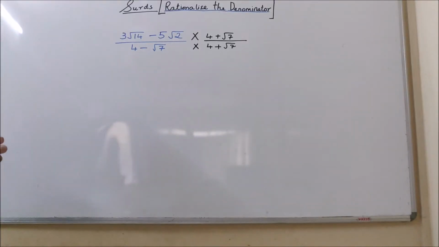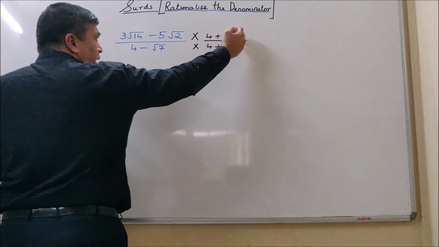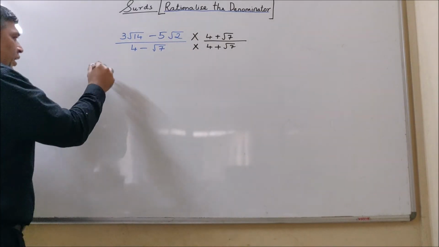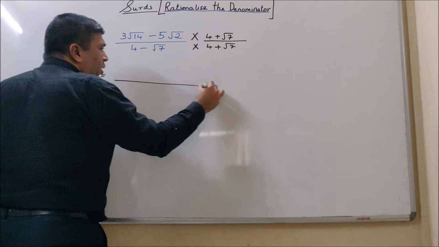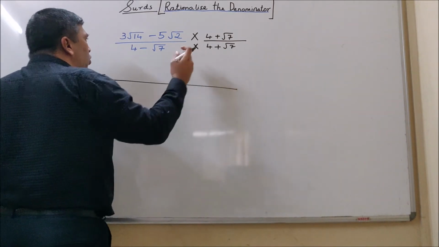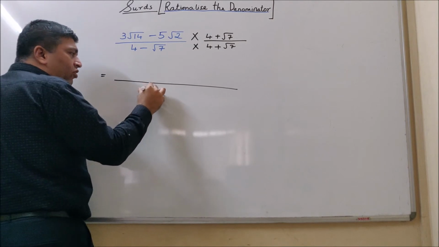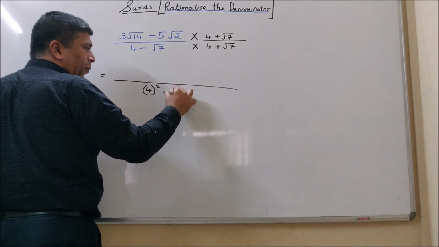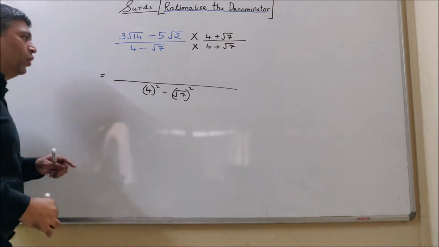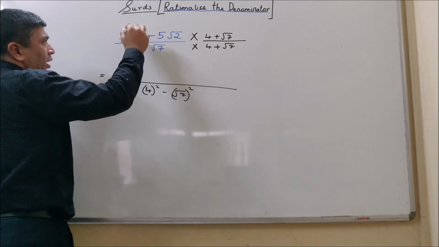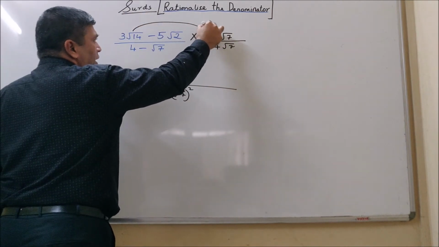Now, when you multiply the numerator and denominator with this, in the denominator you will get a minus b, a plus b. So a minus b, a plus b is a square minus b square. So you will get this in the denominator. In the numerator, every term will get multiplied.